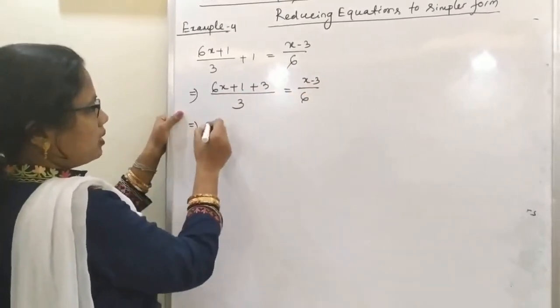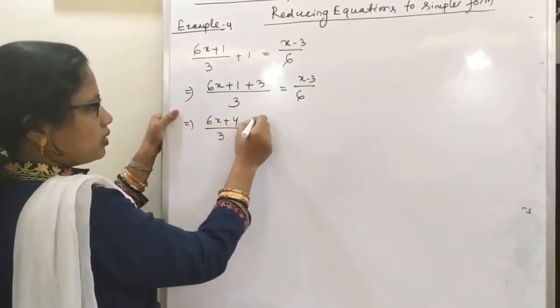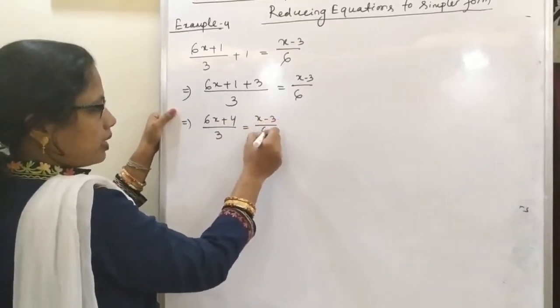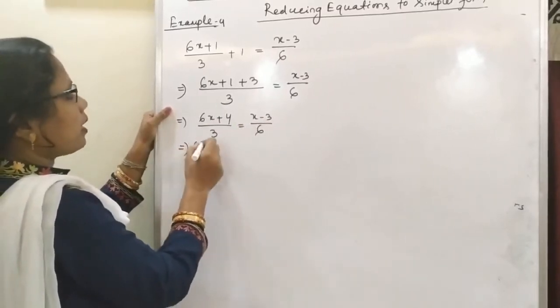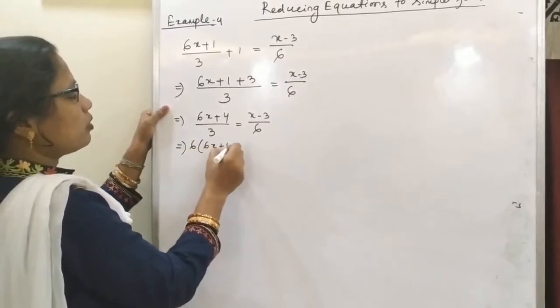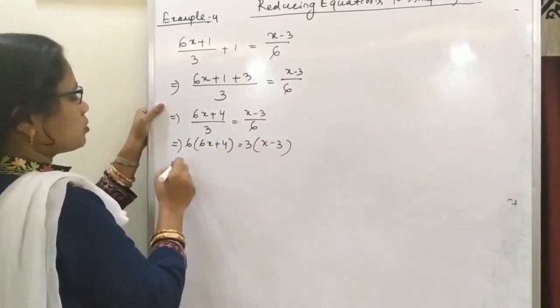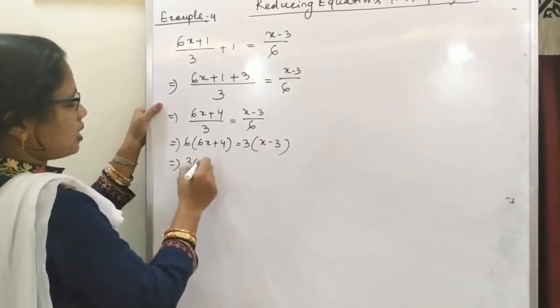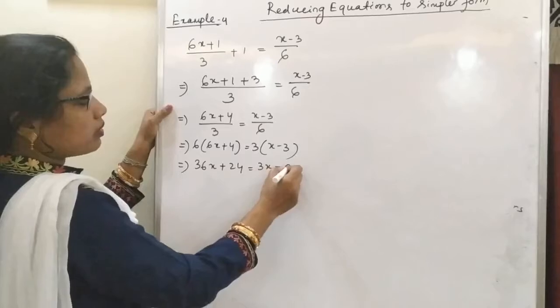So this implies (6x plus 4) by 3 is equal to (x minus 3) by 6. Then we cross multiply. So 6 multiplied with 6x plus 4 is equal to 3 multiplied with x minus 3. So this implies 36x plus 24 is equal to 3x minus 9.